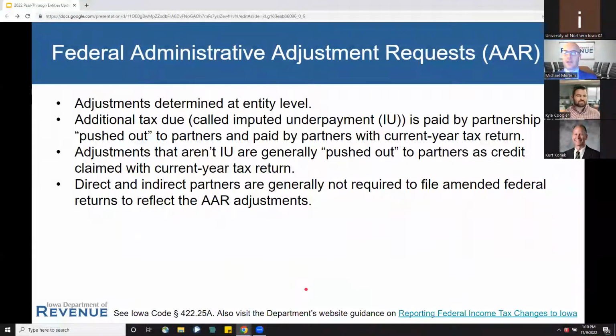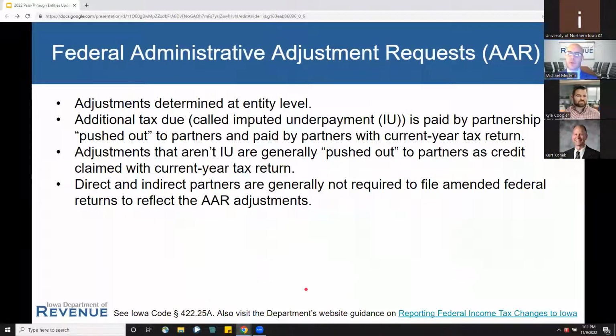If there is additional tax due from that administrative adjustment request, it's called an imputed underpayment. That tax is generally paid directly by the partnership, or it can be what's called pushed out to partners. And then those partners pay those additional tax amounts with their current year tax return.